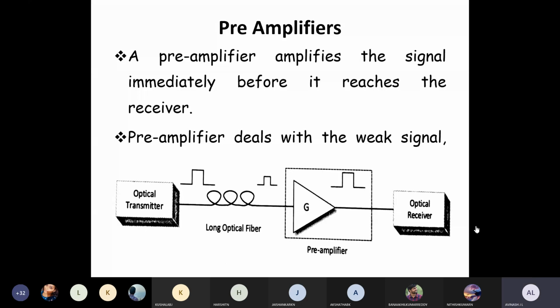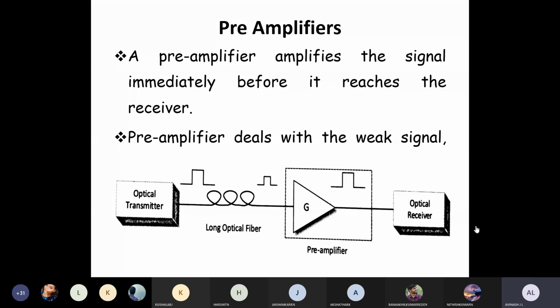When the long optical fiber is there, obviously, as the length of the fiber is getting increased, the attenuation also increases. Distortion is also getting increased, and in the long fiber we use an amplifier just before the optical receiver.